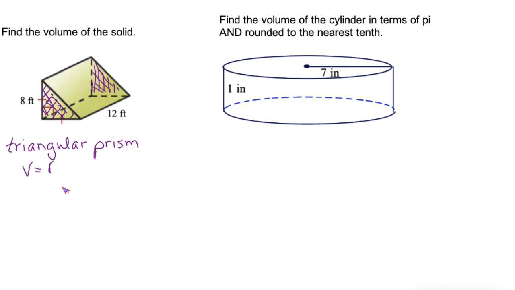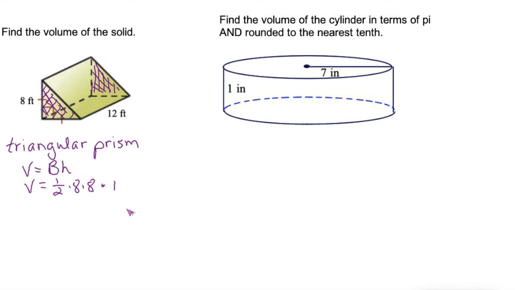So my formula is area of the base times the height. So for this problem, the base is a triangle. In fact, it's an isosceles right triangle. So it's 1/2 base times height. The base and the height are both 8. Then we're going to multiply that times the height.